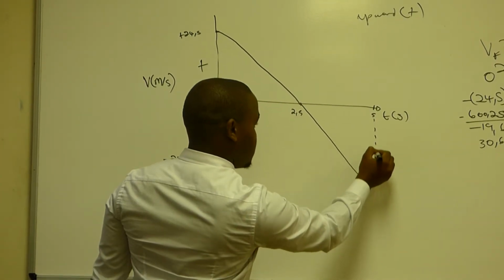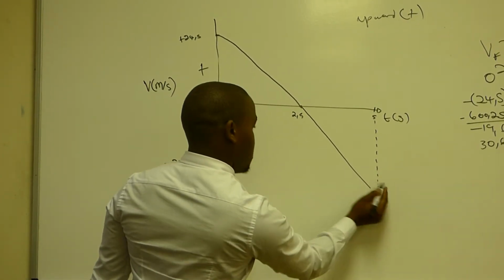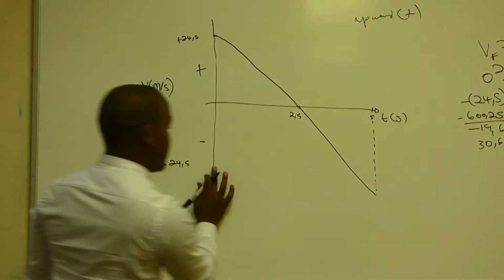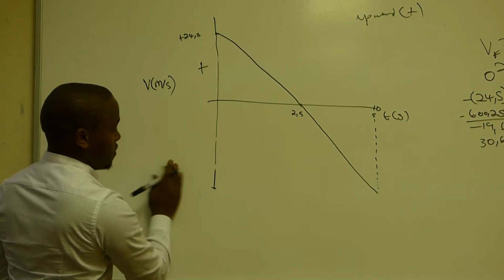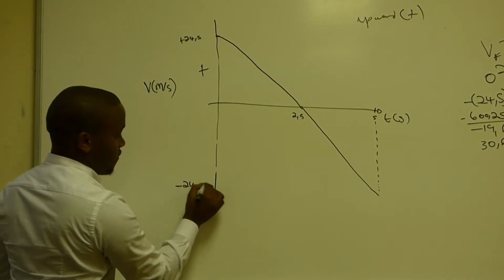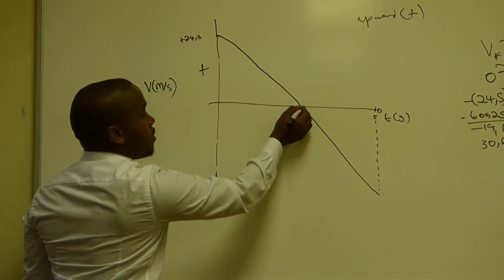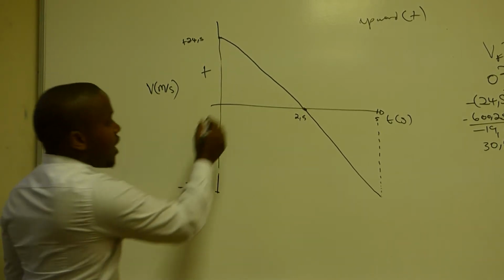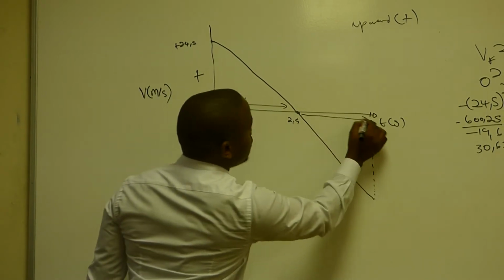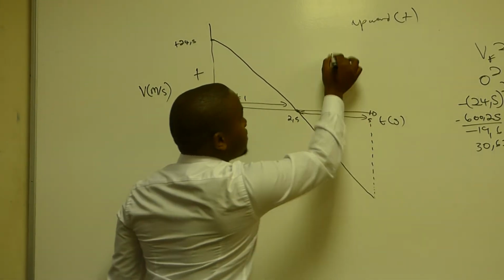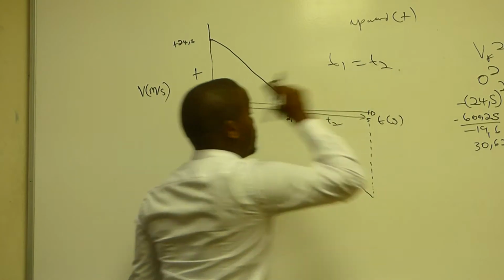Now, because of my graph, I want my negative 24.5 to be there. Do you guys understand? Again, if I have T1 here and T2 here, T1 is equal to T2.